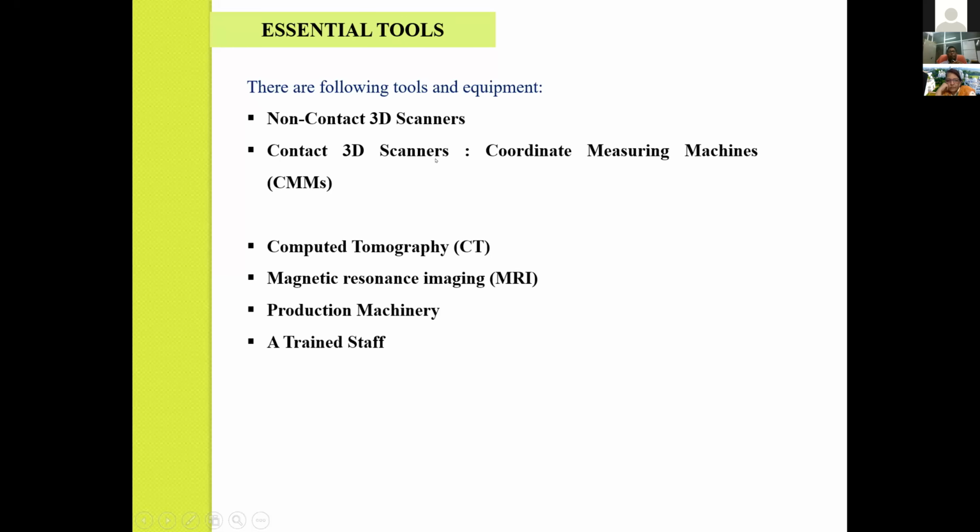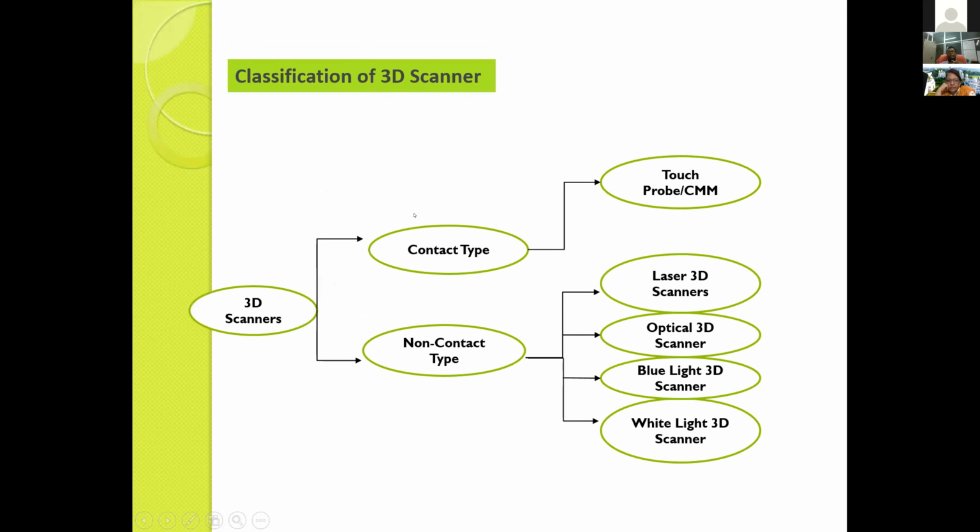Most of you are interested in non-contact 3D scanners. The rest of the devices are used for reverse engineering or making models, CT scan, MRI. These things are out of scope for the present talk, so we are more concerned with the scanners.